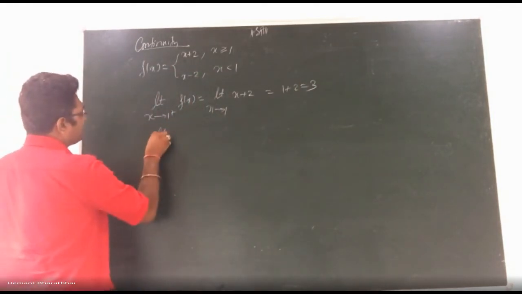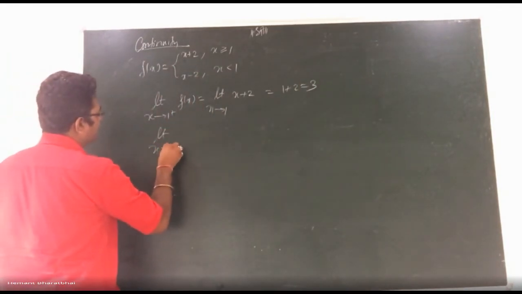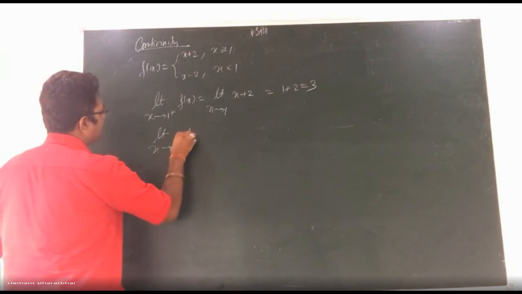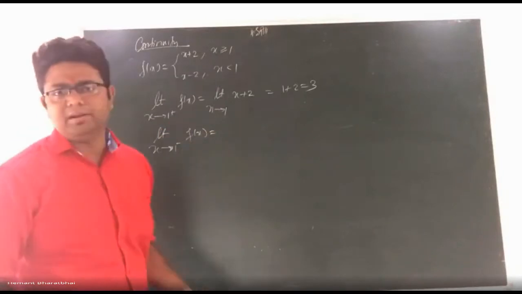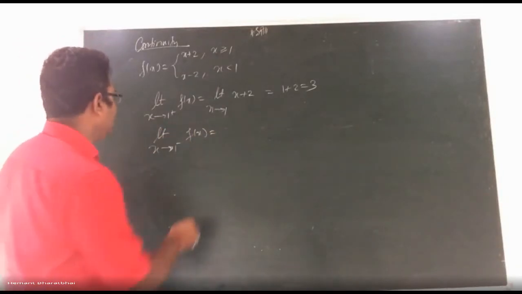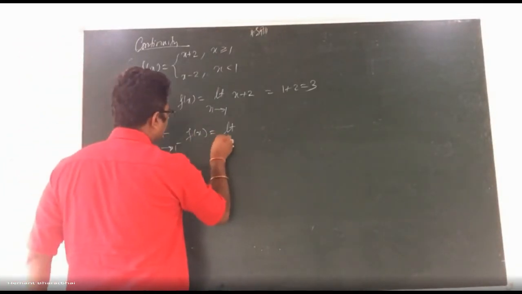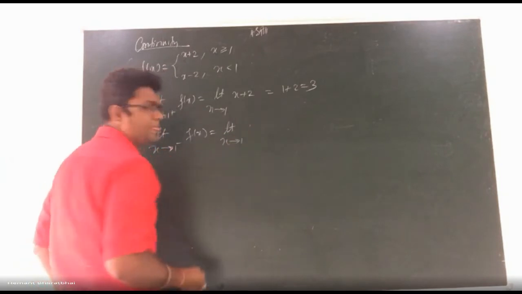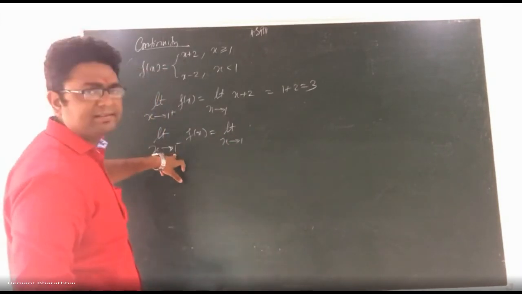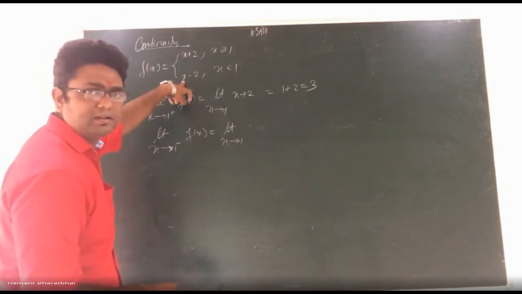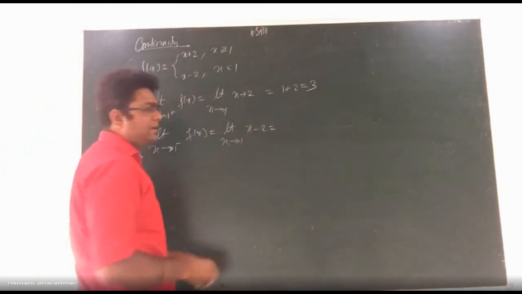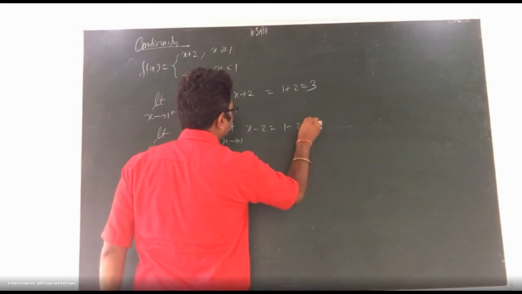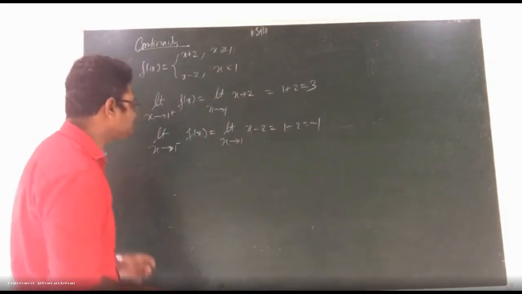Let's find out the left hand side limit, x tends to 1 minus f of x. It doesn't mean negative, 1 minus only means less than 1. So what is my f of x when x is less than 1? It is x minus 2. So here I'll write limit of x tends to 1, x minus 2. I'll apply the limit, I'll get 1 minus 2, which is minus 1.